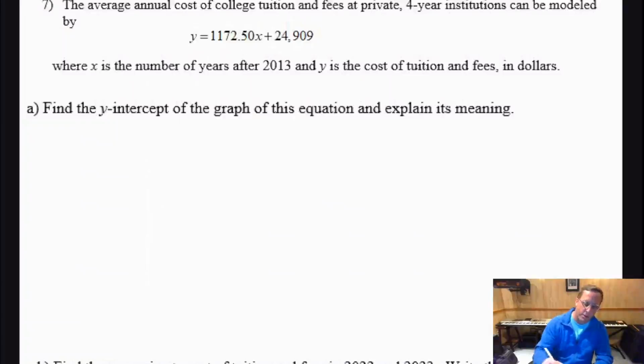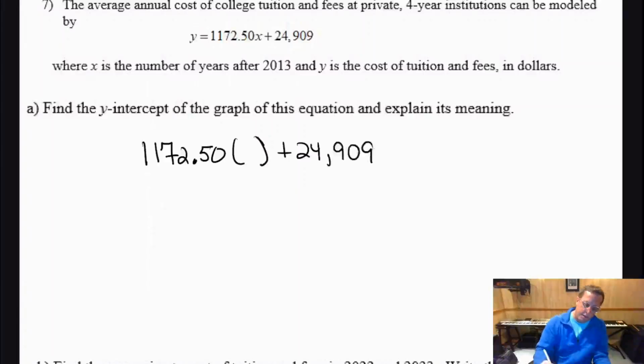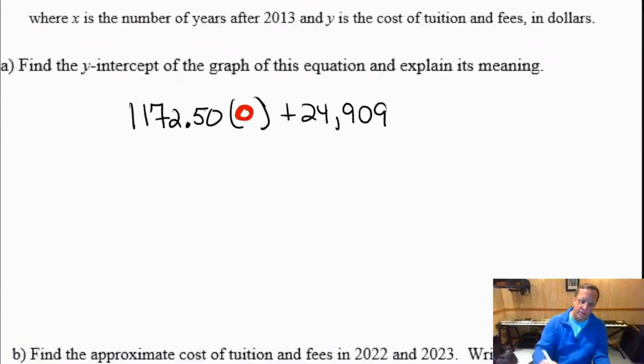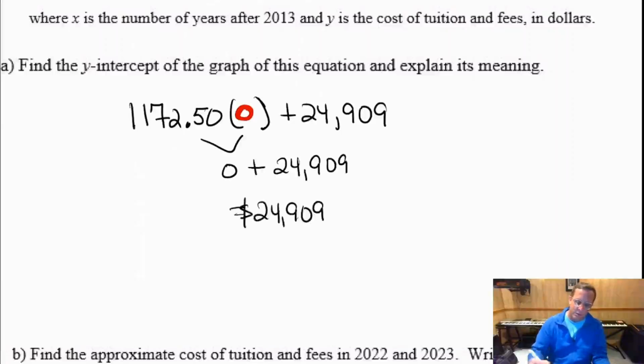So we're going to write out that equation, 1172.50 times x plus 24,909. We're going to put a 0 right there. Now 0 makes 0 when you multiply. So you got 0 plus 24,909, which equals $24,909.